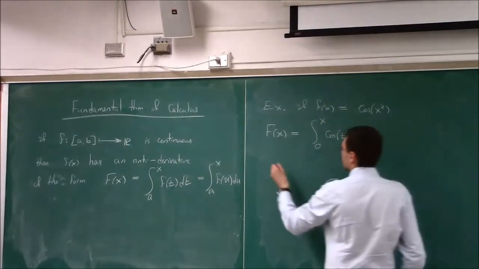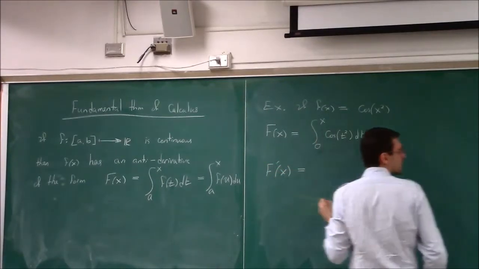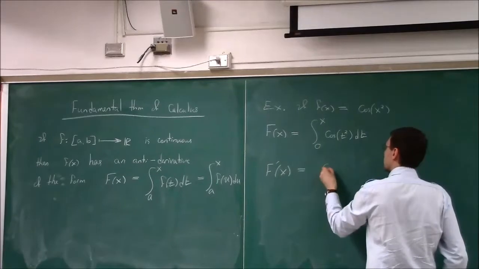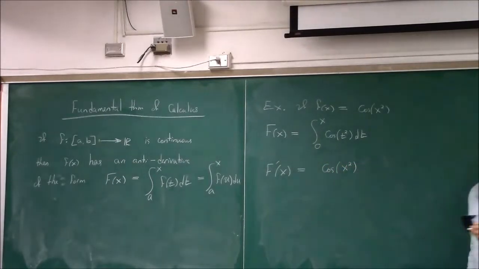Okay? And what it means is that if I take the derivative of this uppercase F, I get cosine of x squared.